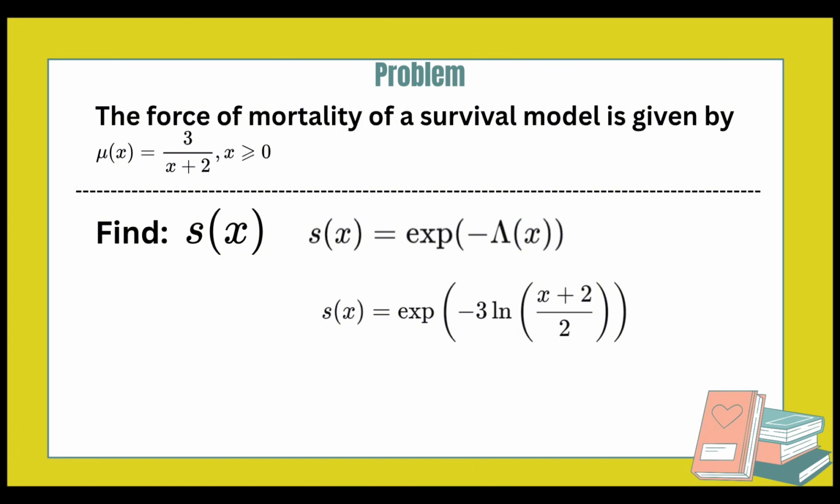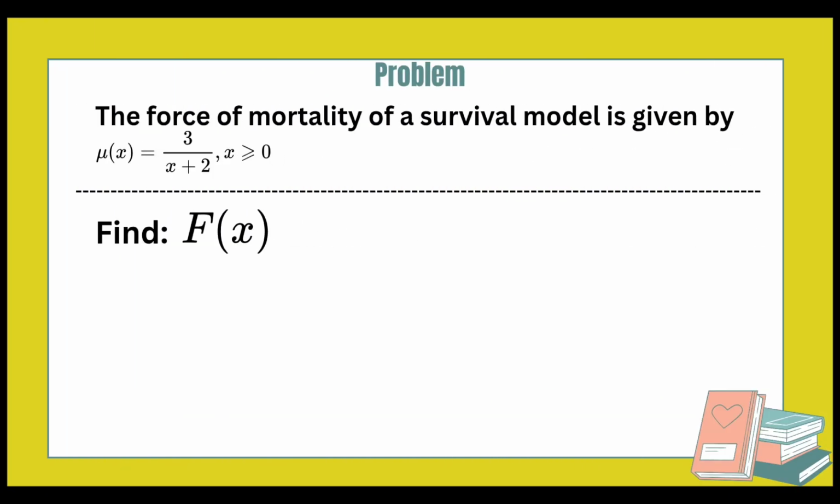We simplify this using the exponent and logarithm rules, and we come up with the survival function equals ((x plus 2) over 2) raised to negative 3. Survival probability declines as x increases, in a cubic inverse relationship.